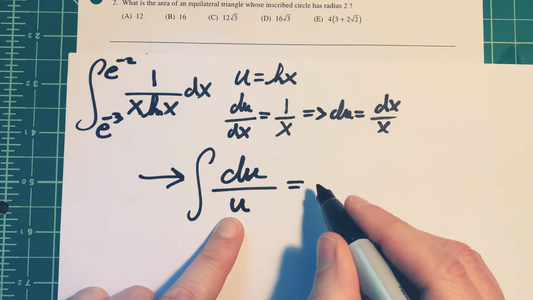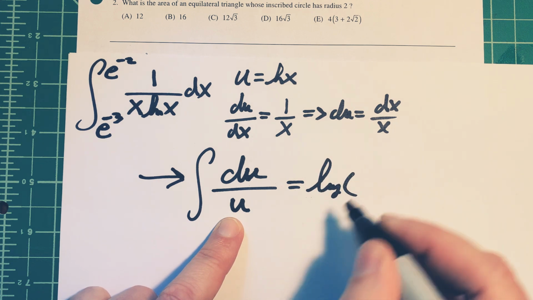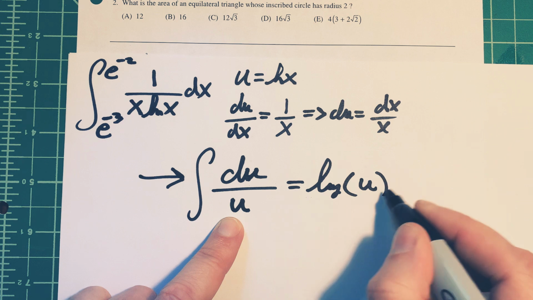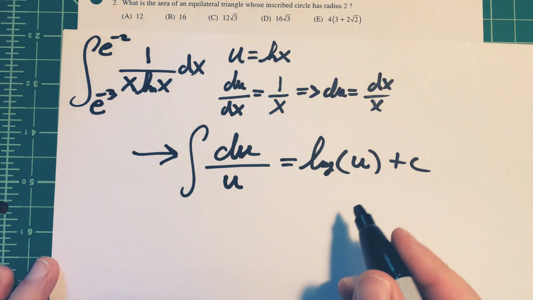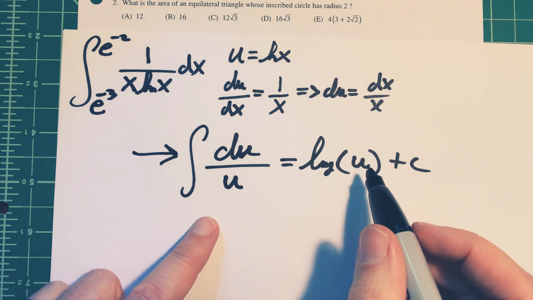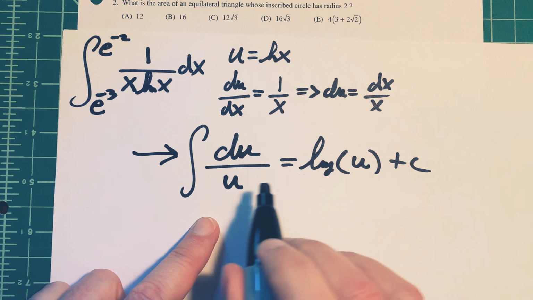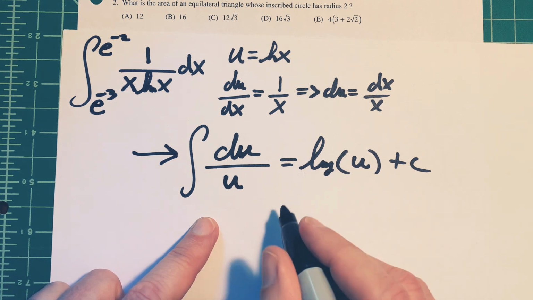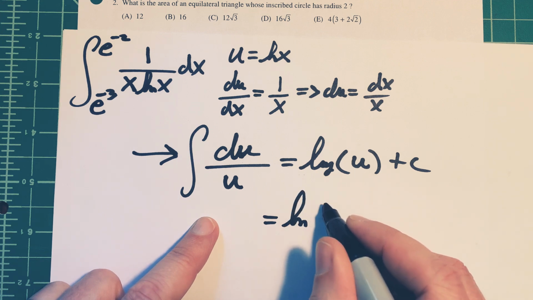So we know that this is going to turn into the log of u plus c. So we know that's true. All right, so we can rearrange these things and get it to what we needed. Remember u was the natural log of x, and I need this to be the natural log of x, so this is ln of ln of x.